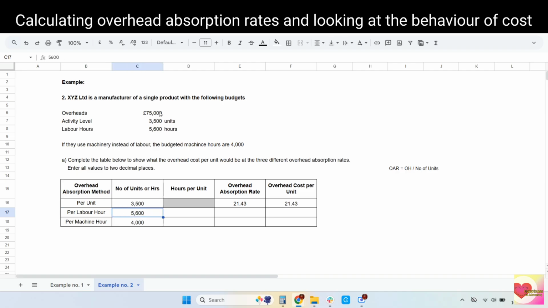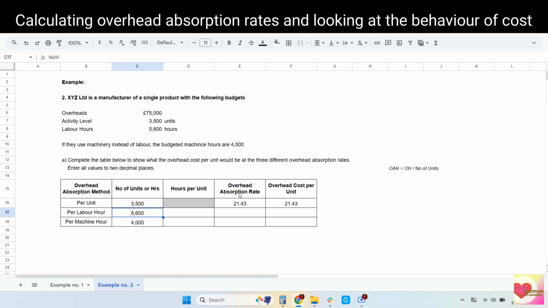This is also the same figure that we can see here in the budget. Labor hours, 5,600 hours. We have to get the hours per unit, overhead absorption rate, and the overhead cost per unit. And we know there are different calculations required for each column.